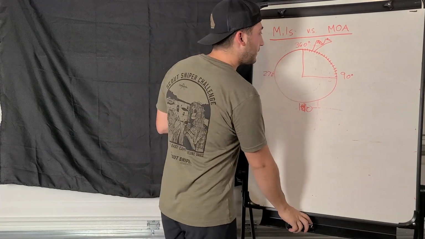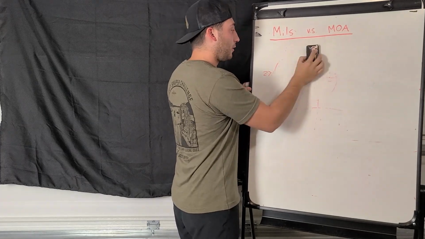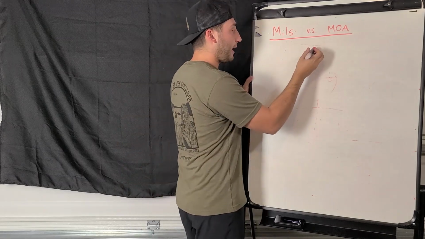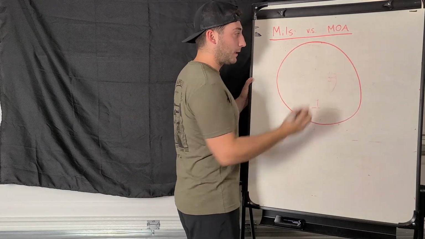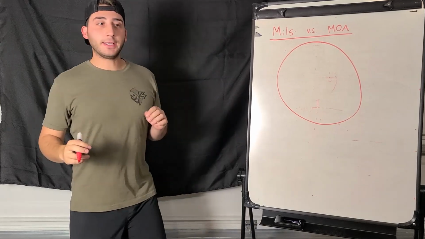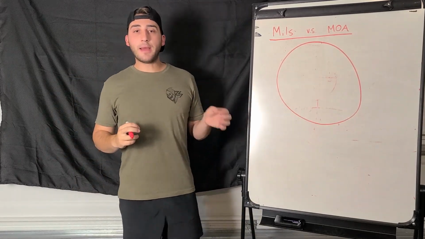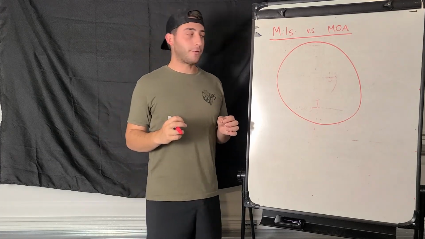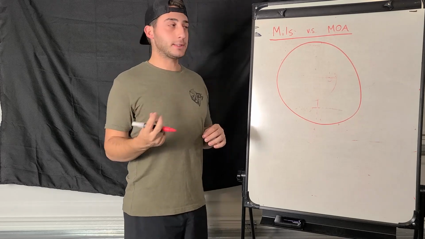So now if I erase this and redraw my circle, we're going to talk about MILs, or MRADs, or milliradians. It's officially milliradians, and the reason why is that when we talk about circles mathematically, we're most of the time using trigonometry, and within trigonometric functions we use radians as a unit of measure.